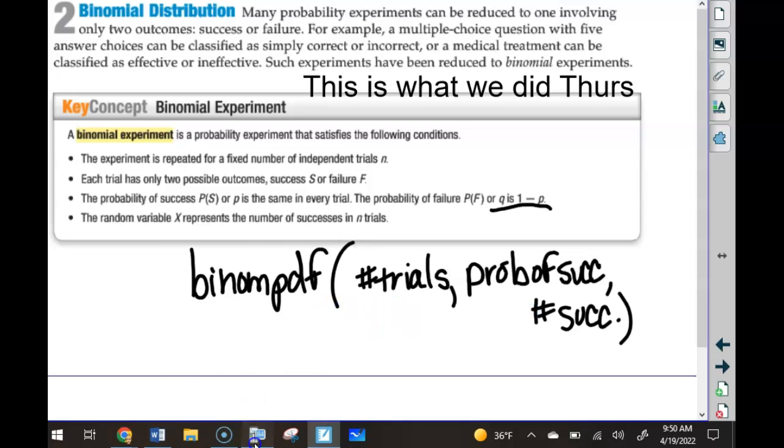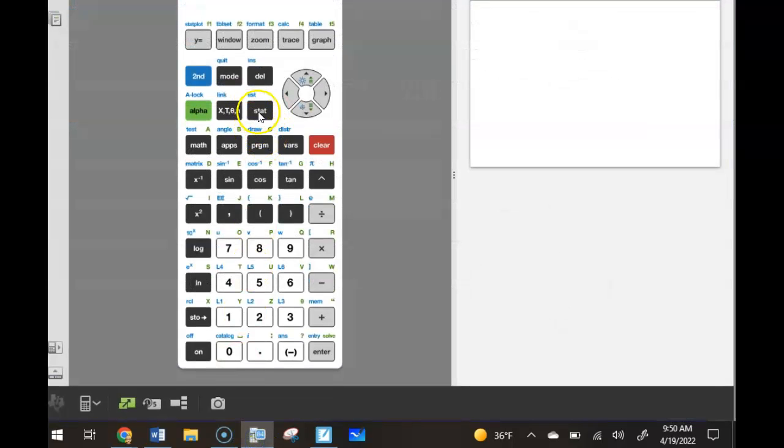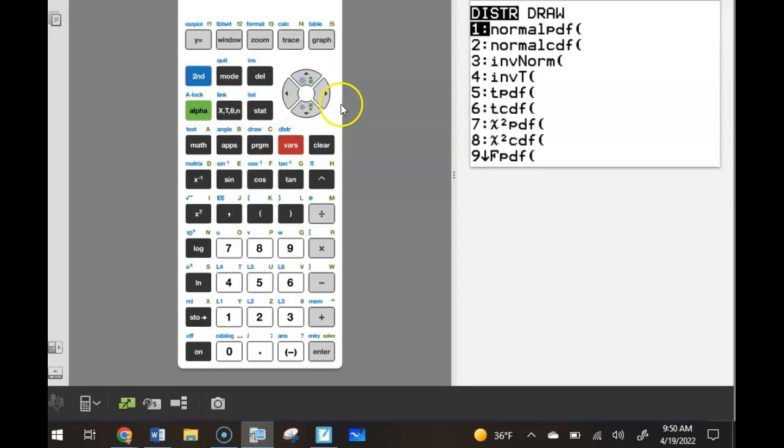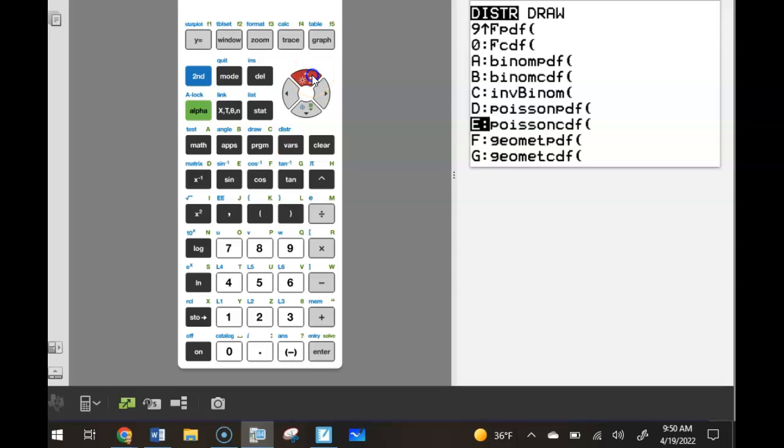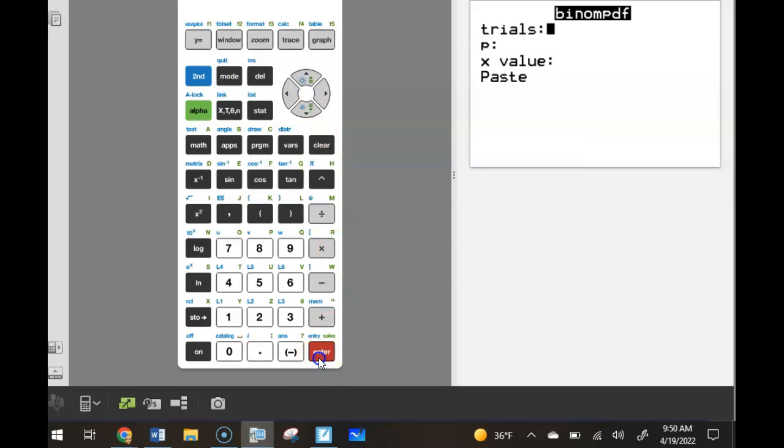So it's under the vars key. We have to go second vars. And it's not the normal ones. You have to scroll up or down until you get to choice A, binom PDF. And it's number of trials. I did write it down correctly in the order. It's number of trials, probability of success, and then the number of successes you want to have.